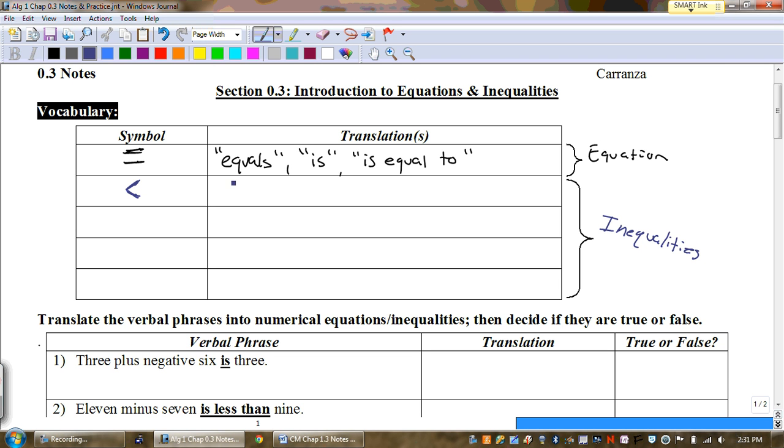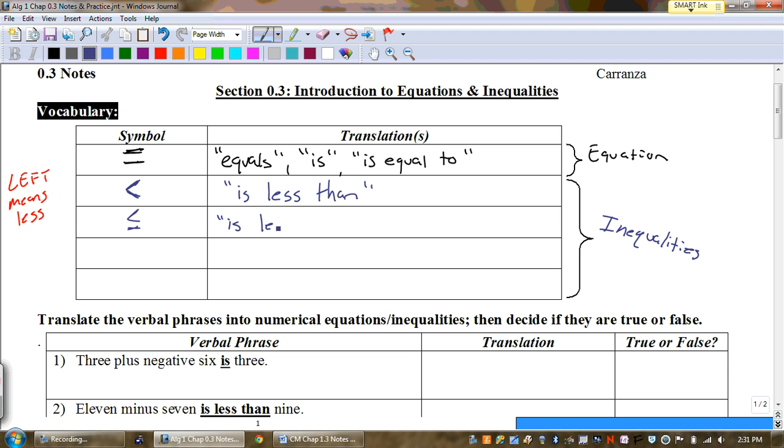So whenever you think left, that is the is less than sign. Just remember that left means less.